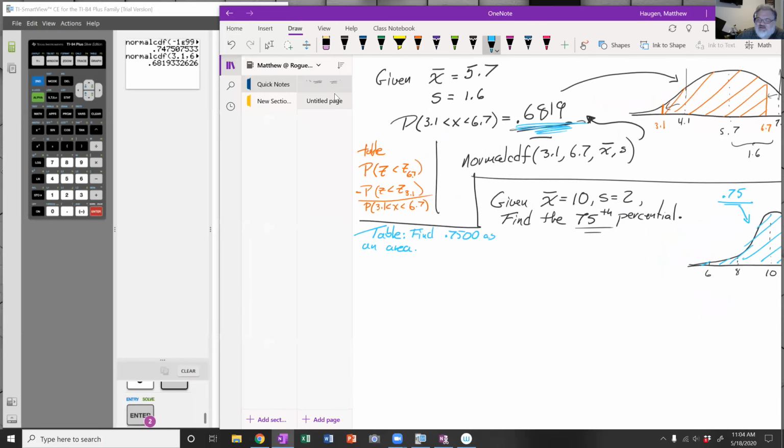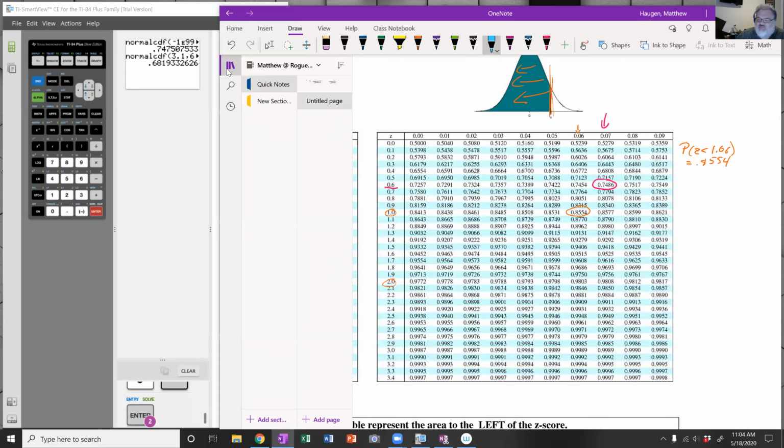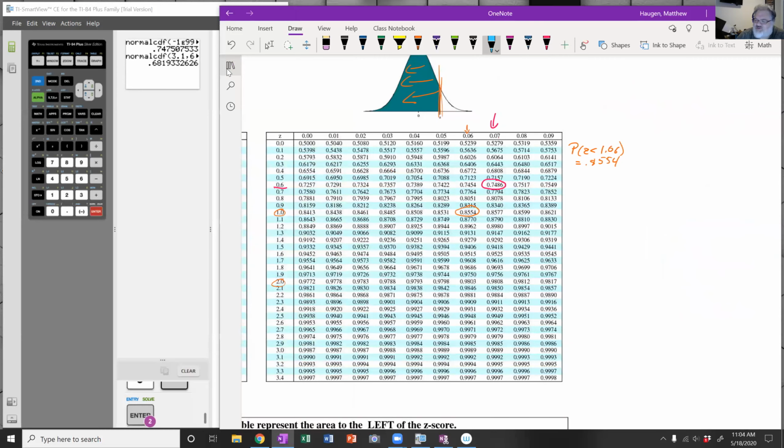So if we go to the table, and we'll talk about how to do this with the calculator in a minute, on this table we want to find that 0.7500 area or proportion or percent, whatever you want to call it, or as close as we can get. So let me get this stuff out of the way. So let's see, there's 0.7422, 7454, 7486, 7517. So we passed it.